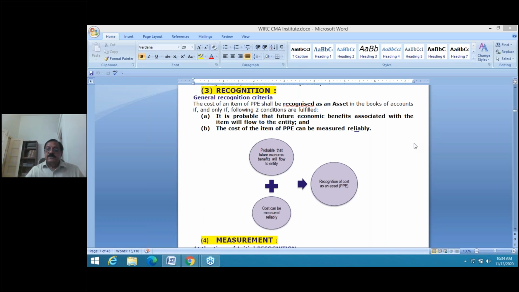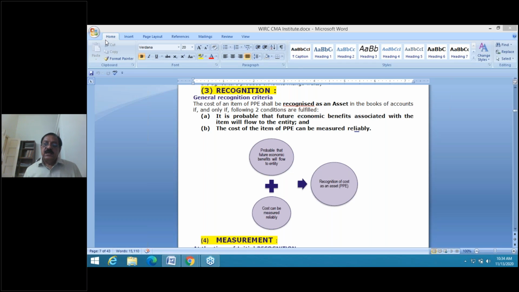So friends, sorry friends. So two conditions to be fulfilled are future economic benefits. So I am giving one example. If any industry has built a temple in its premises, and they have not put any donation box, what will be the cost of this temple?